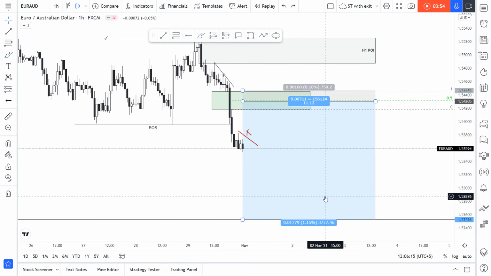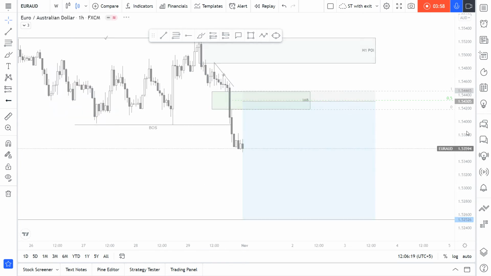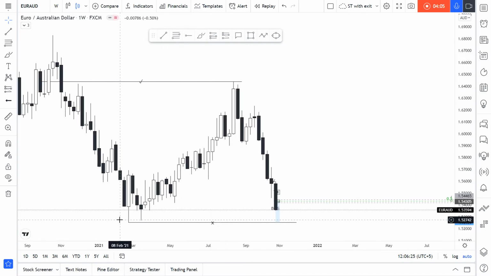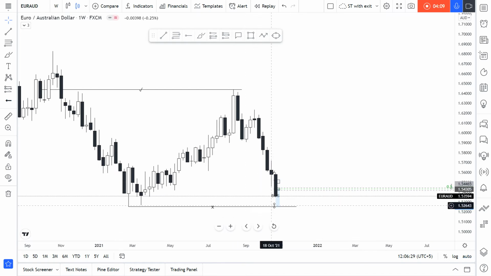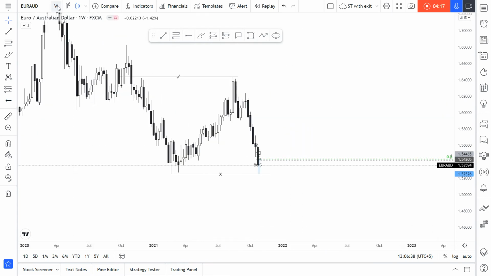This is a scenario for Euro AUD because it is very similar to the GBP AUD case. Here we got the liquidity at the lows. Maybe we should take out those lows before going up, but on the weekly we are very bearish.